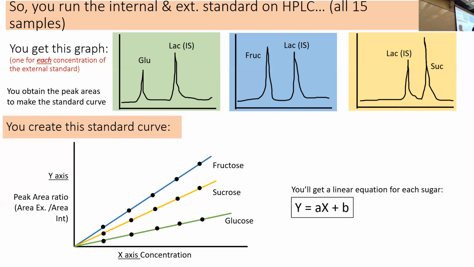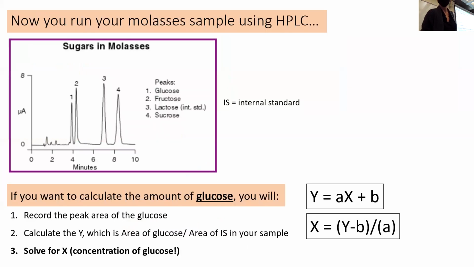Now your y, okay? So this is your sample. The sample has all 3 sugars and you have your lactose. For each sample that you run, you'll get an area for each of your compounds of interest and an area for lactose.